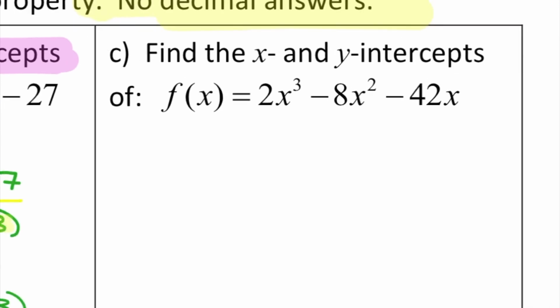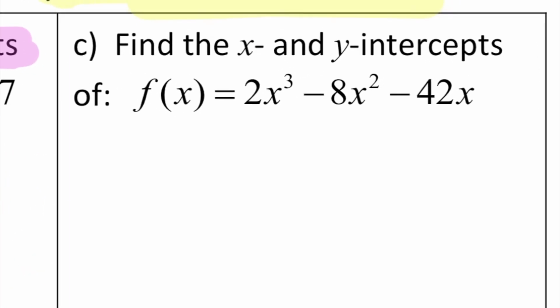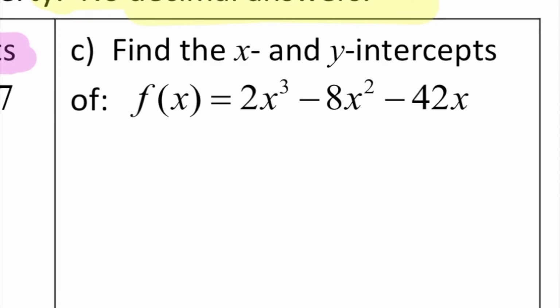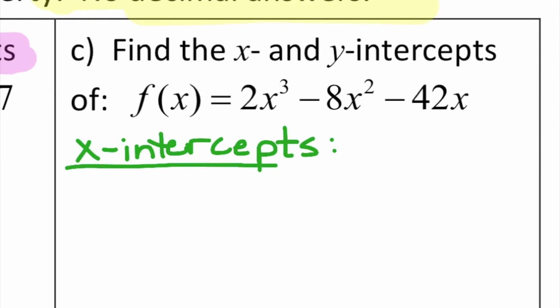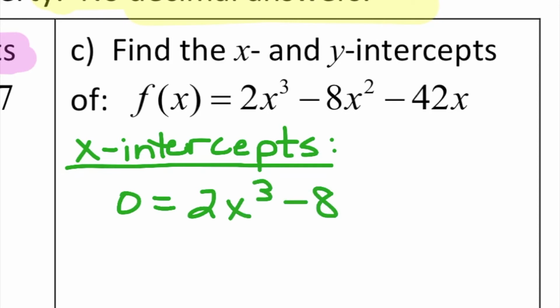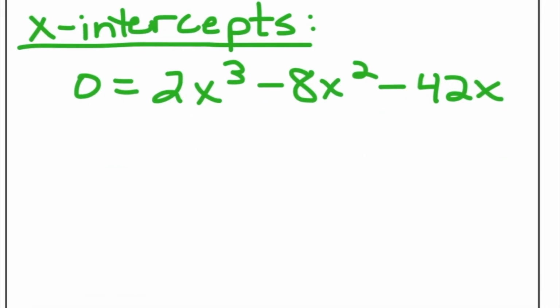Same question here. I'm going to ask you to find the x and y intercepts. And so I will start with the x-intercepts, or the zeros. Change f of x to 0. Factor to solve this.